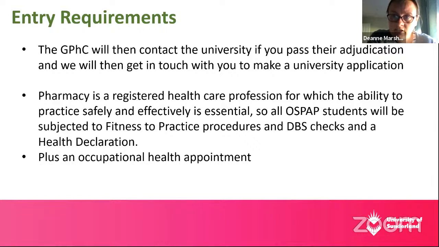This is to do with checking any previous criminal record. This is a UK-based check, so as you are coming from abroad, what you would need is a letter of good conduct from your local police authority. Also, you need to give a health declaration, and as part of that, you will be asked about things like vaccinations and other things.